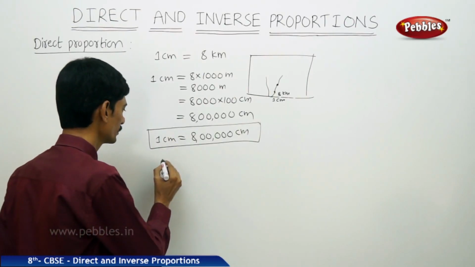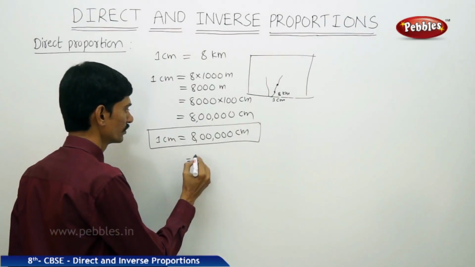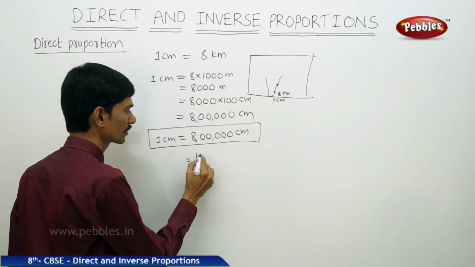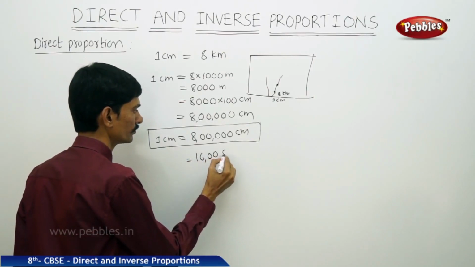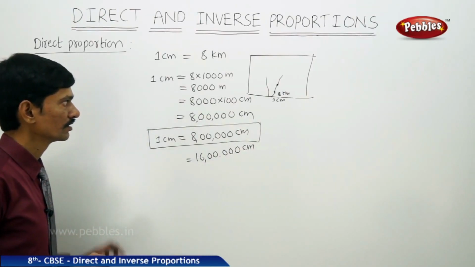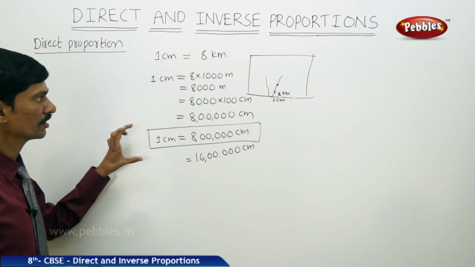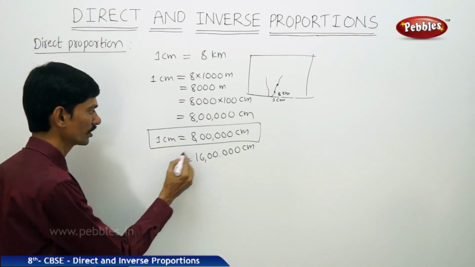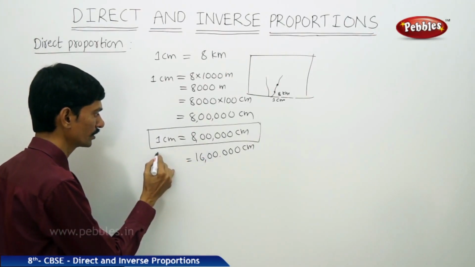If the actual distance is, for example, 16 lakh centimeters, then what is the length on the map? So that is obviously 8 to 16, so we can take 1 to 2 centimeters.